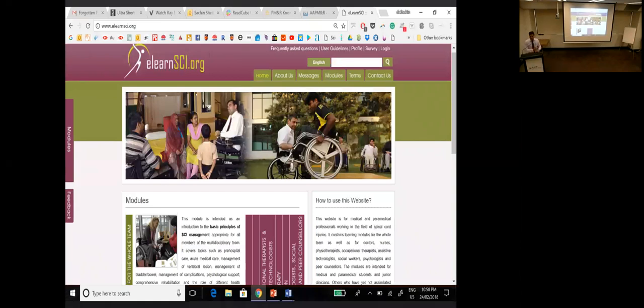You can assimilate a lot of information. So it's a good starting point if you just want to refresh certain things. It doesn't go into exceptional detail, so you need to look at review articles or textbooks, but it's a good basic starting point for spinal cord injury.